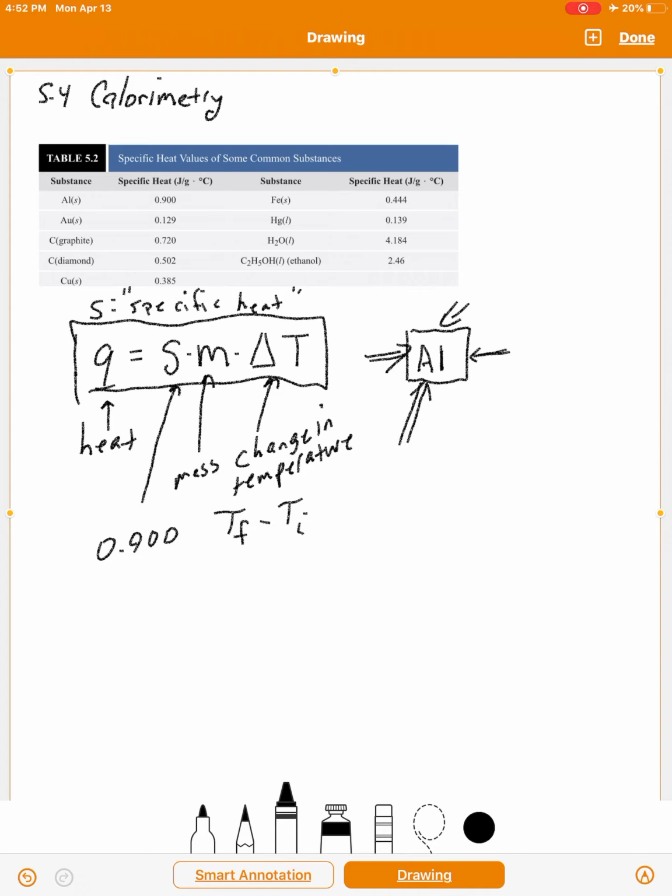That's a very powerful ability. We can quantify the amount of heat transfer by using a very simple equation.